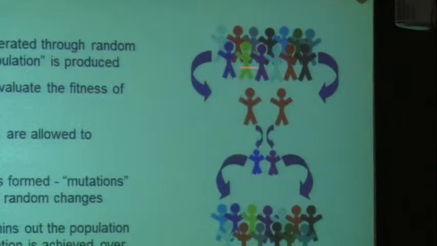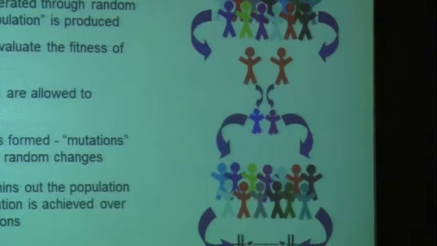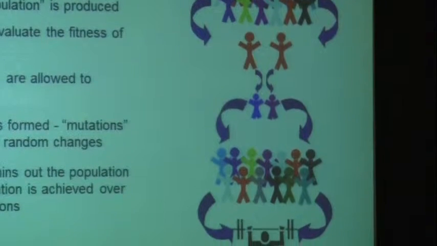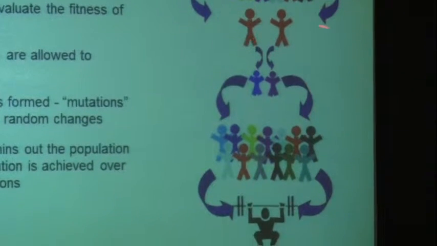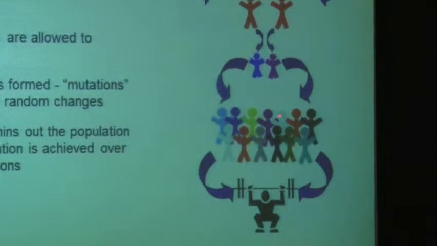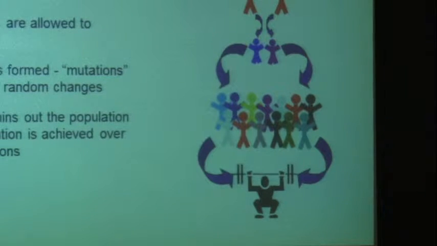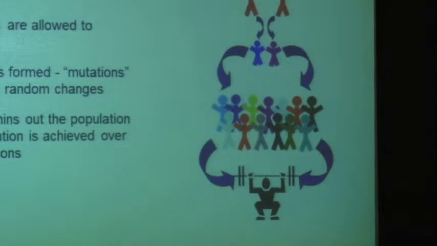Then you take a look at the results and you pick those individuals that gave you the best performance in terms of some metrics that you are interested in. You then blend the characteristics of these individuals and create a new population and repeat this process until the winner is observed.